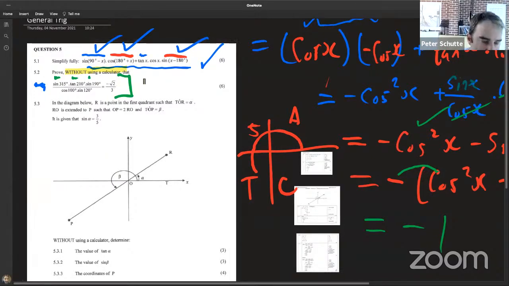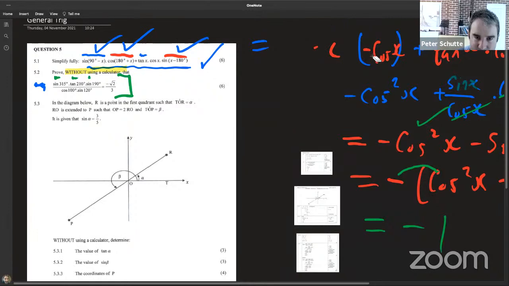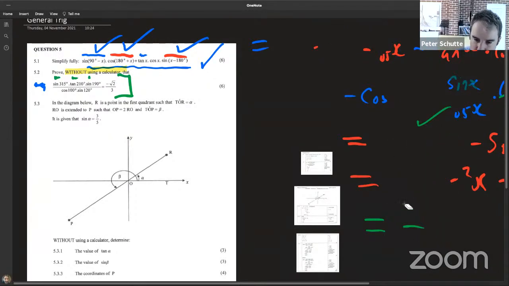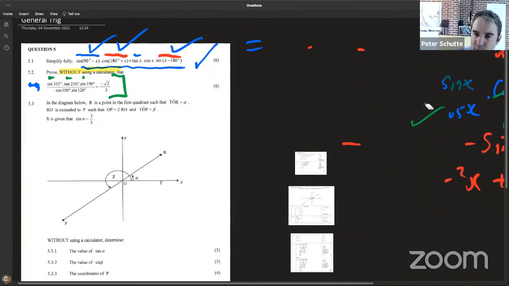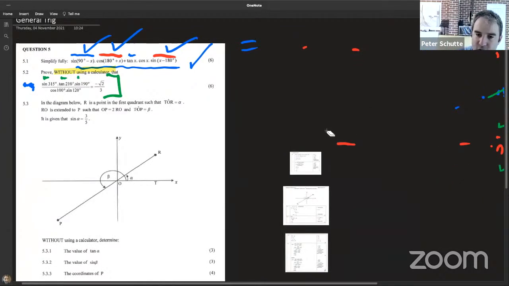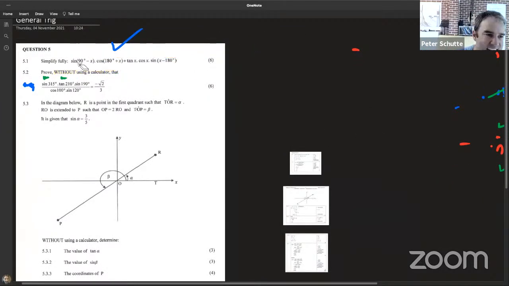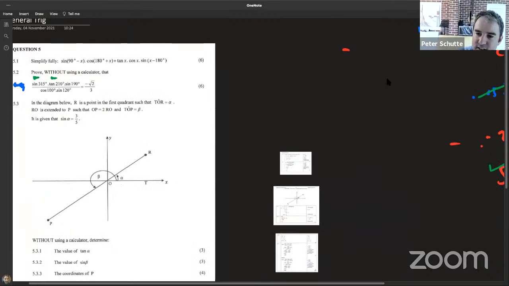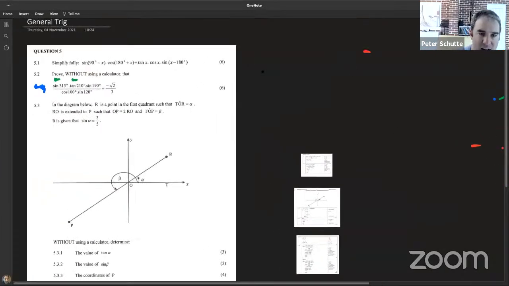Oh, okay. One bit of technique. This is a prove question, which means that you work with the left-hand side and the right-hand side independently. So what I would do is I would start by looking at the more complicated one and try and make it look exactly like the one on the right-hand side. So how would I do that?